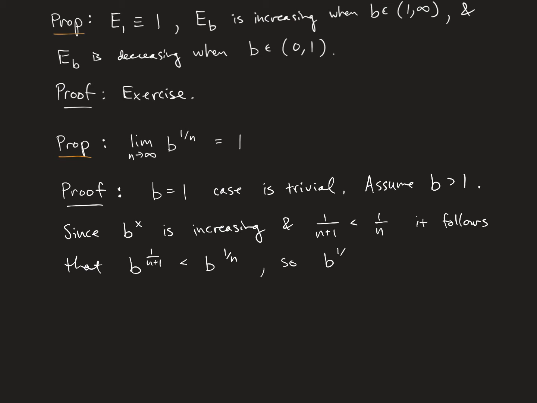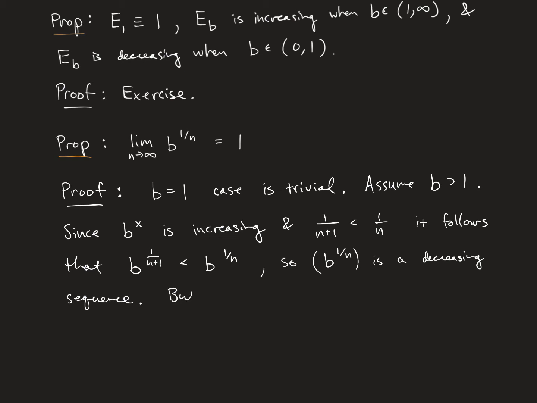So b to the 1 over n is a decreasing sequence. But also the sequence is bounded from below.